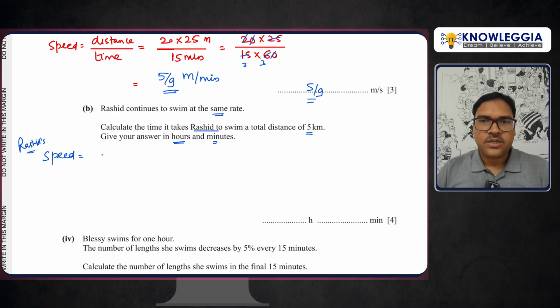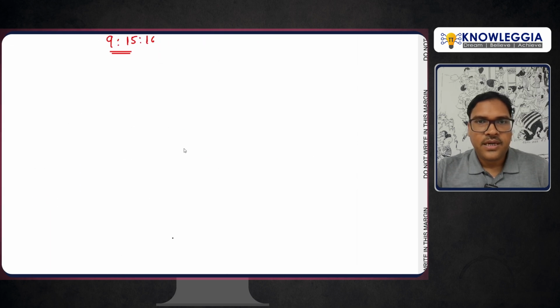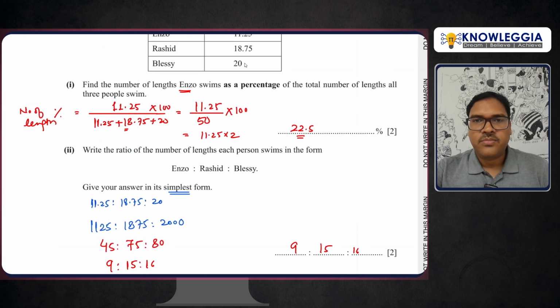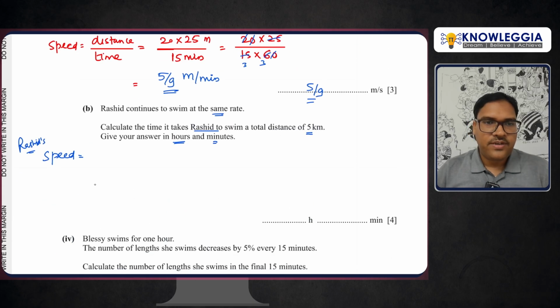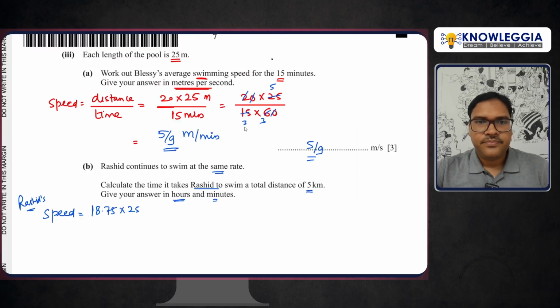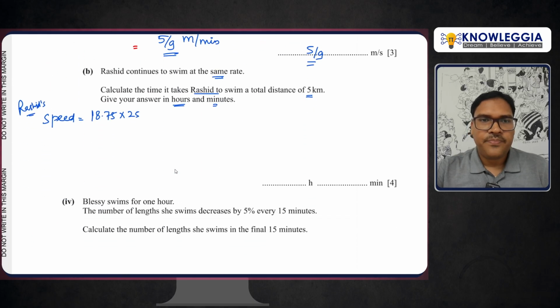What is the distance covered? He has covered 18.75 into 25, because each lap is of 25 meters. Upon how many minutes?